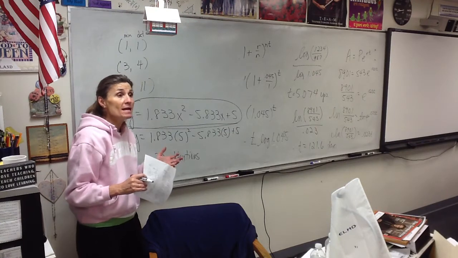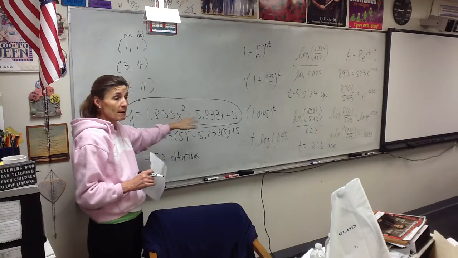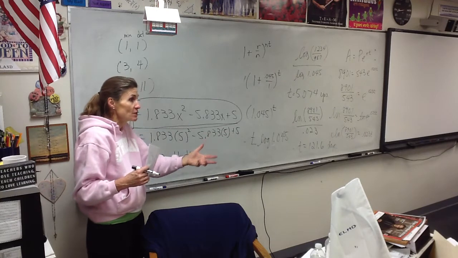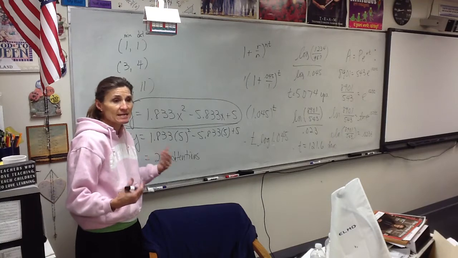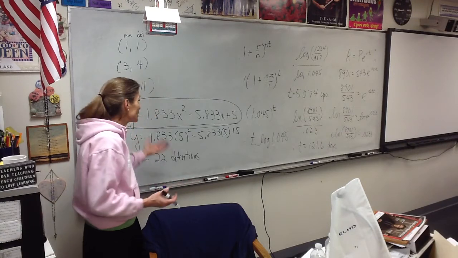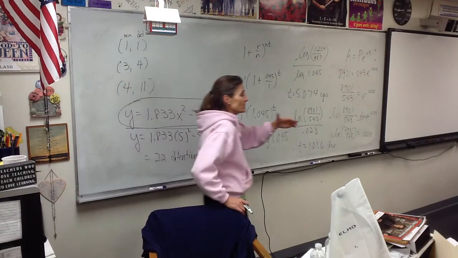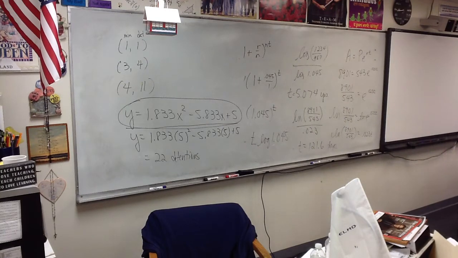So if you want the minimum, you can either find the vertex doing negative b over 2a, or you can graph it on your calculator and use the minimum feature of your calculator. This one's not going to make any sense because we all know if he's not late, he shouldn't get any detentions. But he's going to get 5 if he's not late at all. So it's just a bad problem. But what I want you to know is, if you need the minimum, then you'll either do negative b over 2a to find the vertex, or you'll just graph it on your calculator and find the minimum. Got it? Okay.